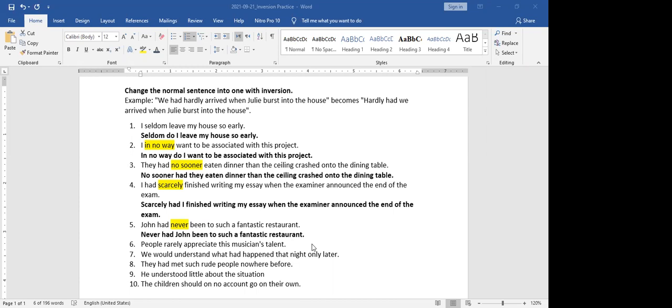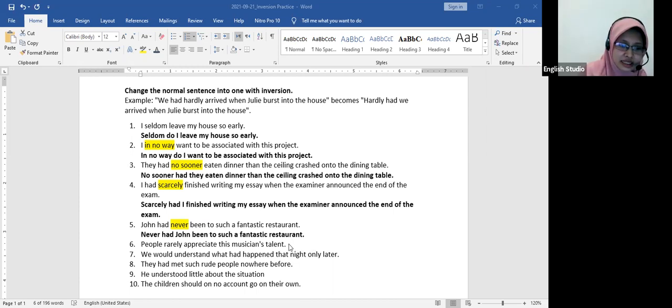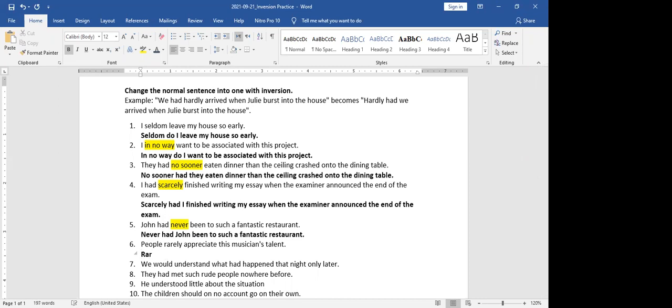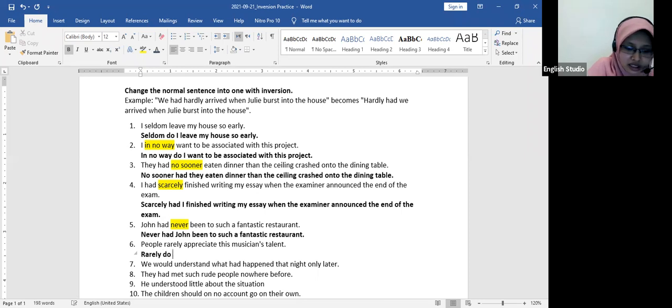Good, correct ya, Miss Ida ya, betul sekali. Karena ini simple present tense, maka auxiliary-nya kita pakai do ya. Kita pakai do karena people ya, plural. Oke, correct answer ya from Miss Ida. Thank you so much, Miss Ida ya. Ya, you're most welcome, Miss Ida. Ya, betul ya. Rarely do people appreciate this musician's talent. Good. Correct, yeah, Miss Ida.